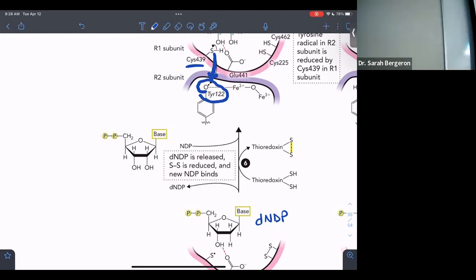And what happens to the cysteines in my enzyme? They turn into sulfhydryls again. We had a radical, one was a radical, one was a disulfide. And we've just regenerated our enzyme. Isn't that cool? I think that's one of the coolest enzyme mechanisms.